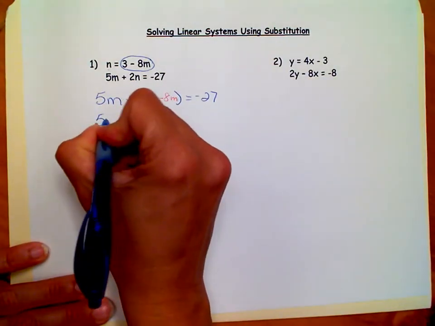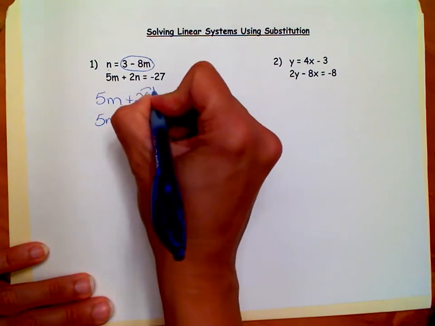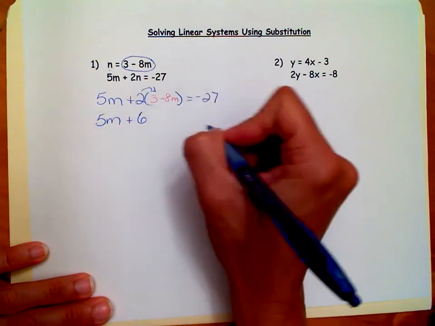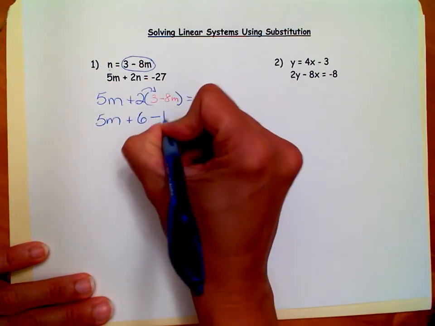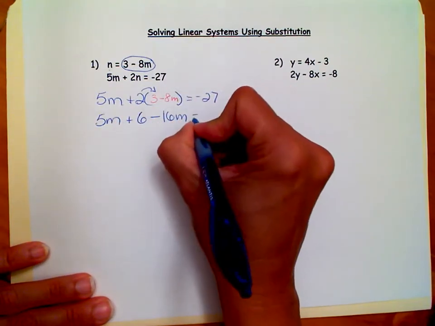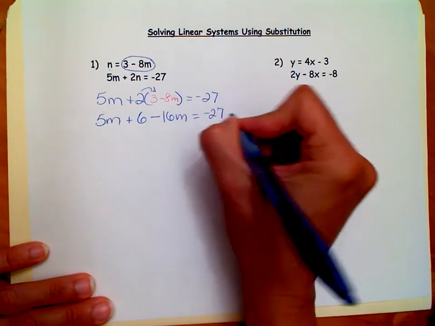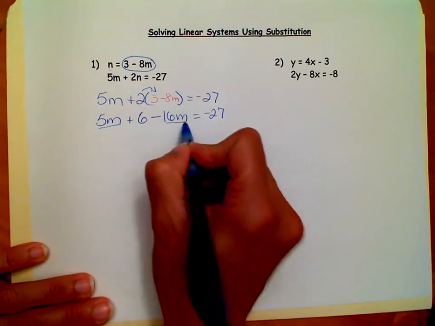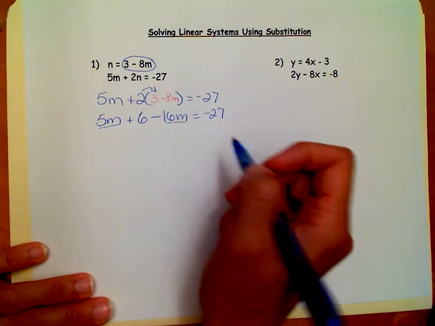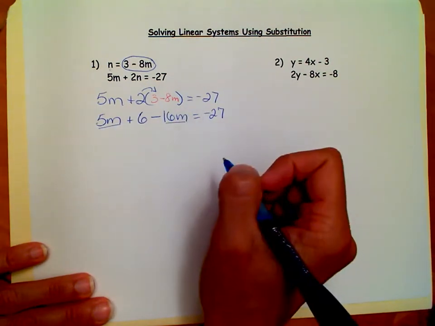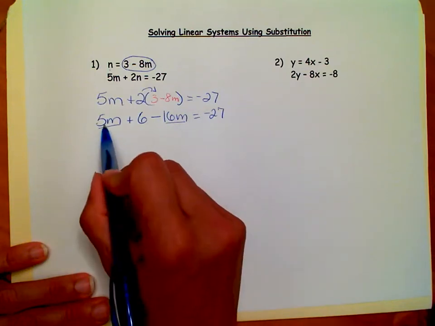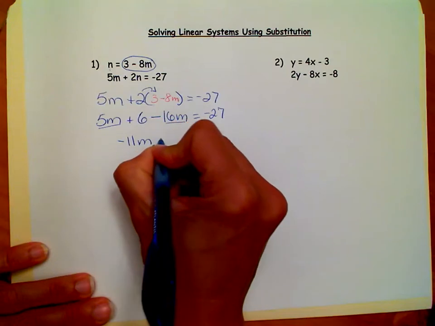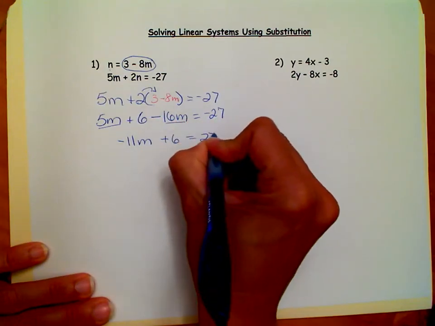So 5m plus, I'm going to distribute, so 2 times 3 is 6, 2 times negative 8m is negative 16m, equals negative 27. The whole reason we do this is to get one equation with just one variable, because then I can solve for m and figure out what m is, and then m helps me to figure out what n is. So combining like terms, 5m minus 16m is negative 11m, plus 6 equals negative 27.